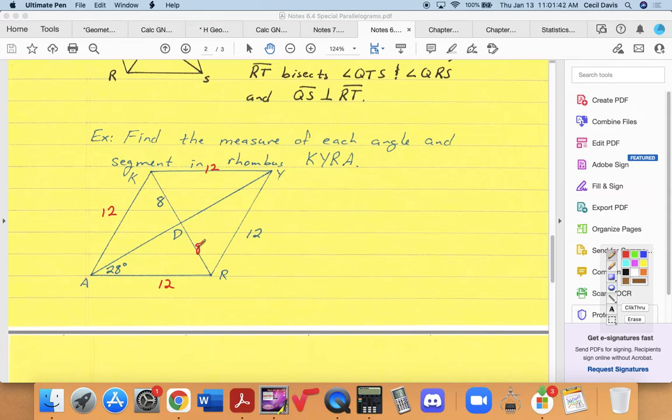This is still a parallelogram, so the diagonals still bisect each other. We do the Pythagorean Theorem with 8 and 12. Because we know that that's a right angle, we can use the Pythagorean Theorem to find the length of AD.